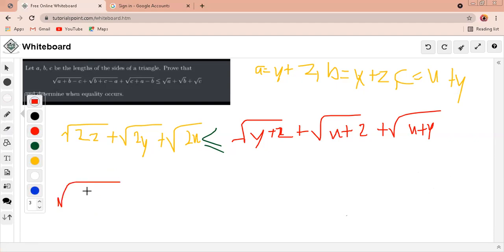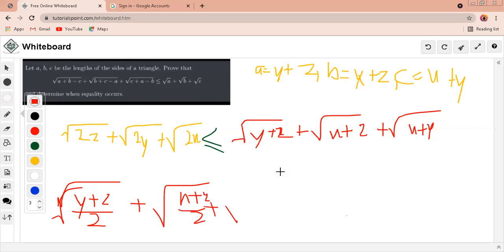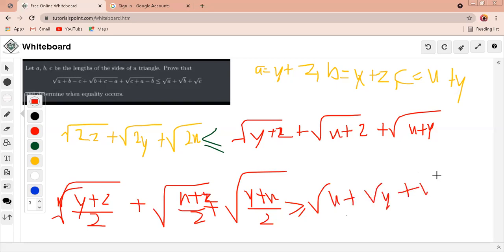We will land to the result that this is the whole square root x plus z by 2 plus y plus x, x plus z, y plus greater than root of x plus root of y plus root of z times 2 over 2.